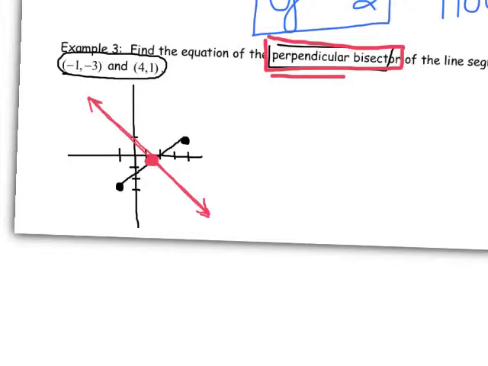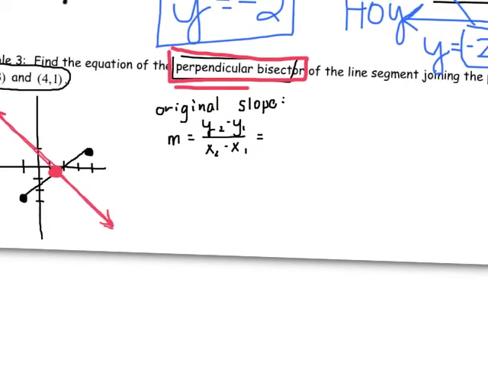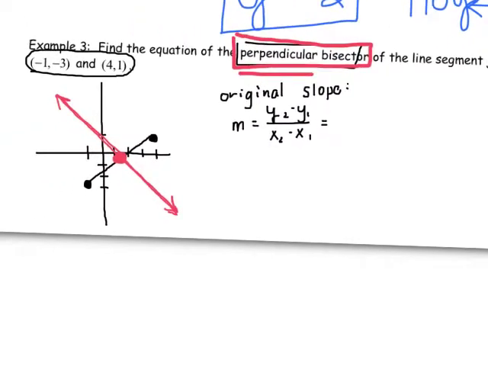My original slope m equals y2 minus y1 over x2 minus x1. Here are the points. So let's call this x1, y1, and x2, y2.